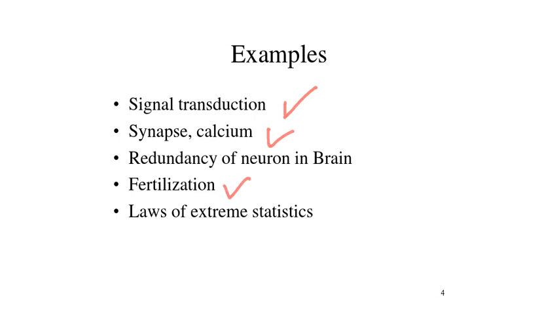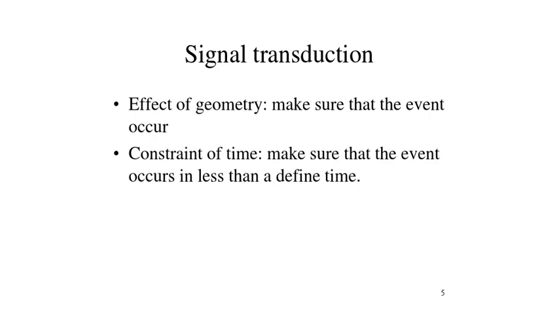And I would like to discuss here these fertilizations, and also what are the laws. What can this tell us about how nature compensates for hidden targets? So, the effect of the geometry.